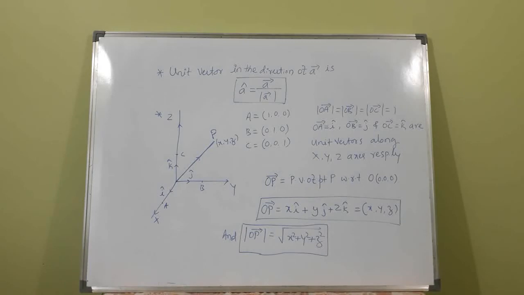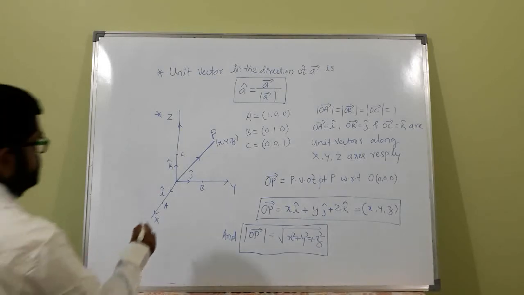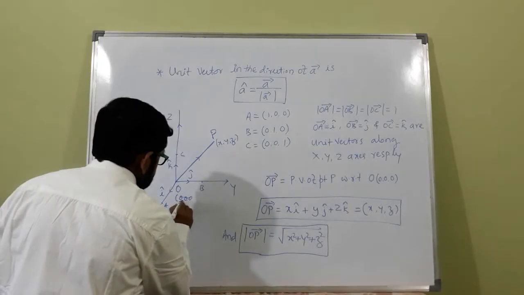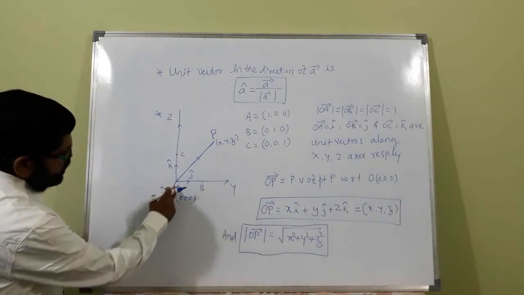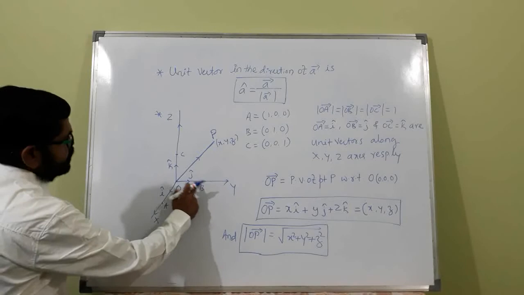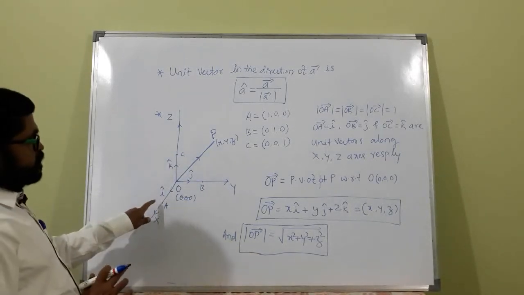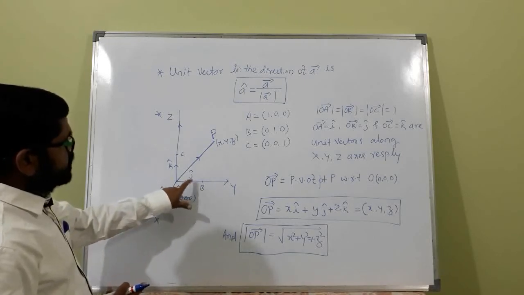Suppose in 3-dimensional space, we mark the points A, B, C at 1 unit each from the origin O. Suppose OA is 1 unit, OB is 1 unit, OC is 1 unit. Those are denoted by i, j and k.